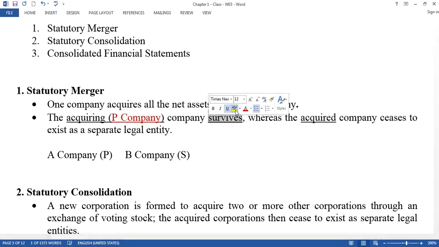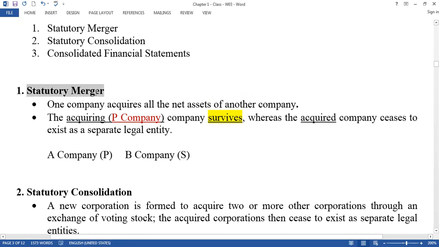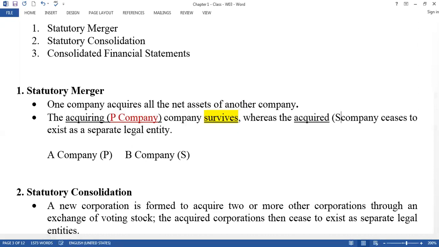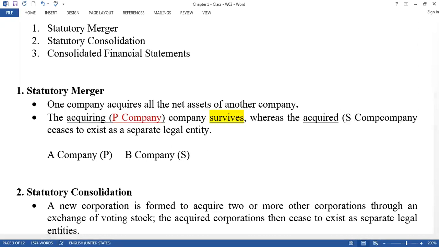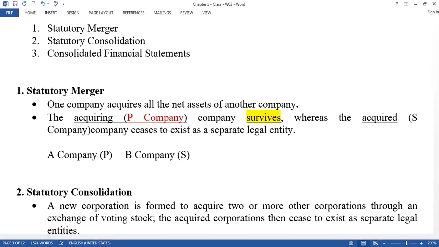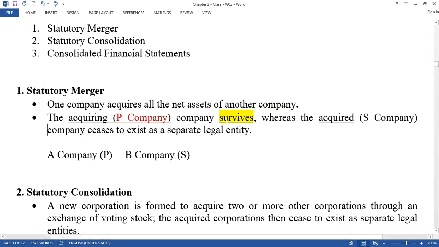Important term. If this is the statutory merger, then the parent company is going to survive, right? Whereas the acquired company means the subsidiary company. The subsidiary company ceases to exist.